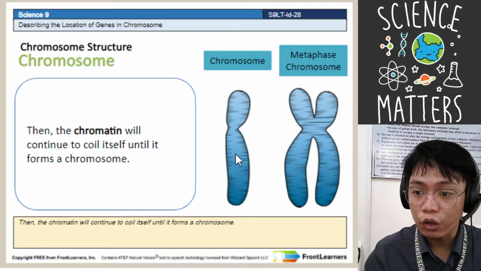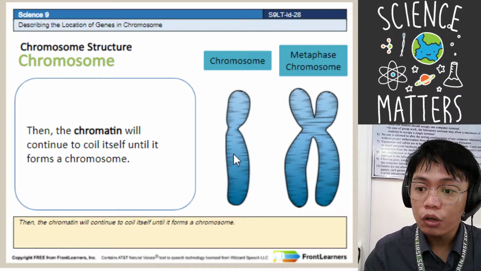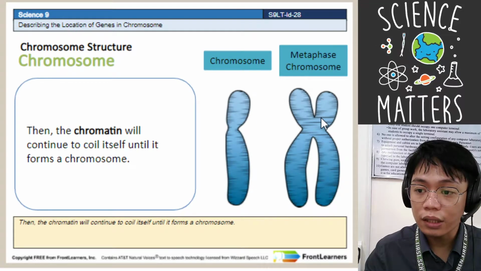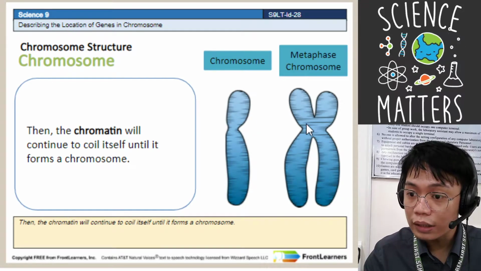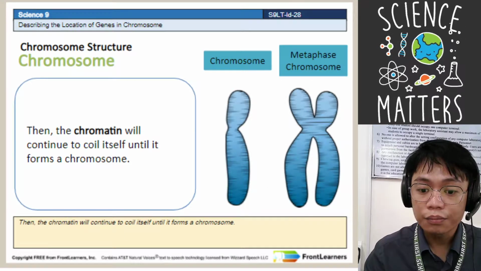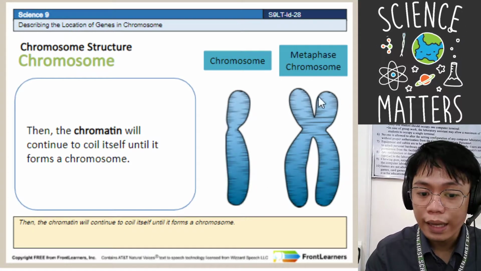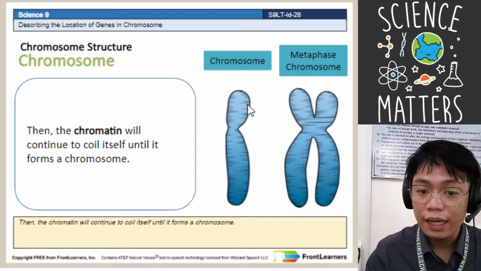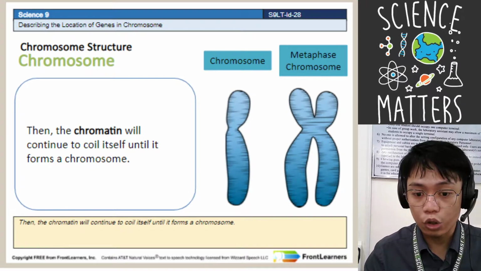Okay, nandun na lahat yon. Kapag ang chromosome is nakabind siya dun sa, ganito yung itsura niya, ang tawag dyan ay double-stranded chromosome. Dito naman, ang tawag dyan ay single-stranded chromosome.